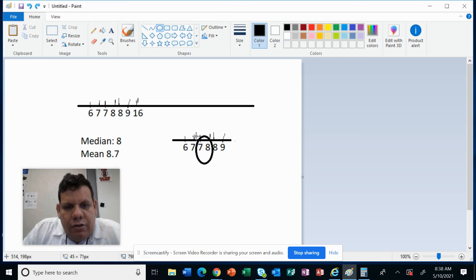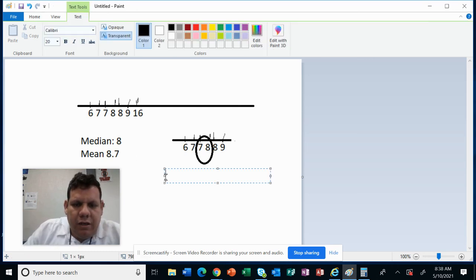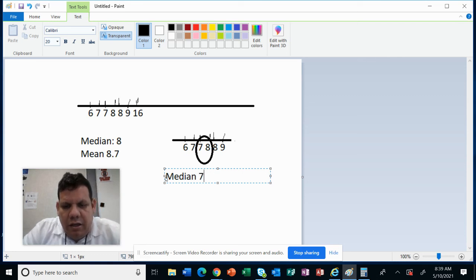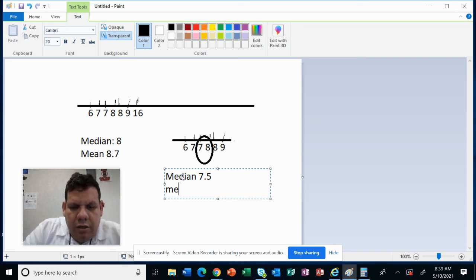The average of these two values in the middle is 7.5. So the median is 7.5. And what about the mean?